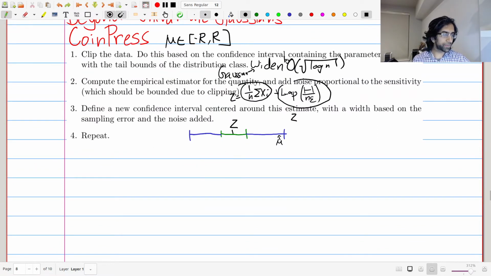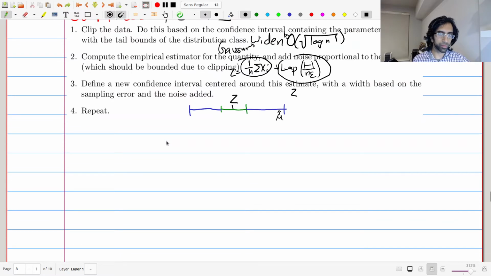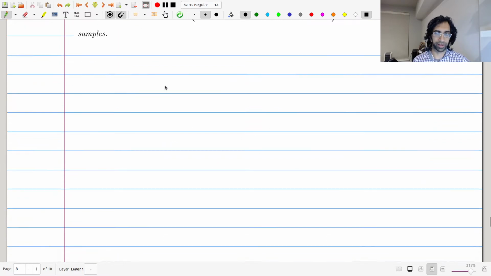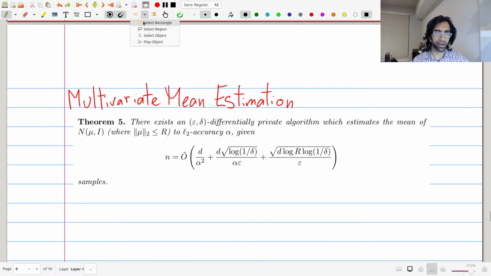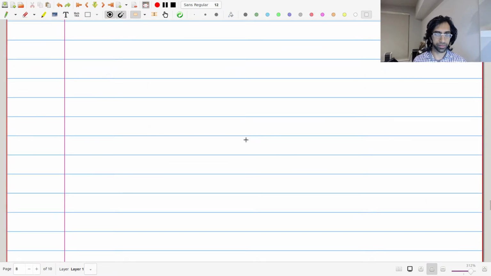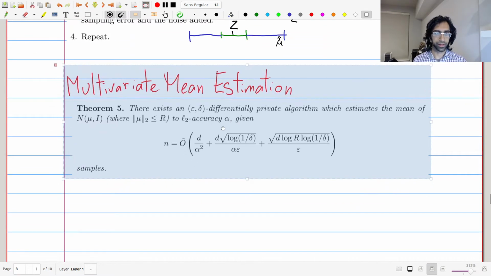Let's see what happens, how we can apply this to multivariate Gaussian mean estimation. In fact, let me take some of this stuff from here, because we were a bit generous on space here.